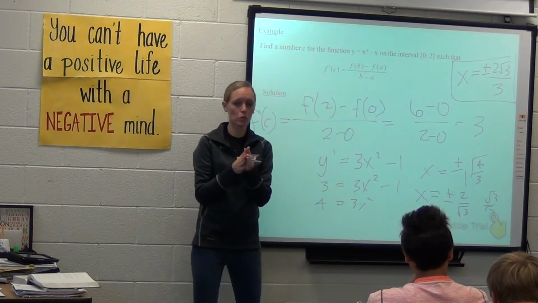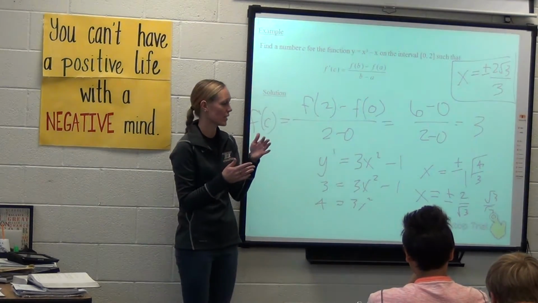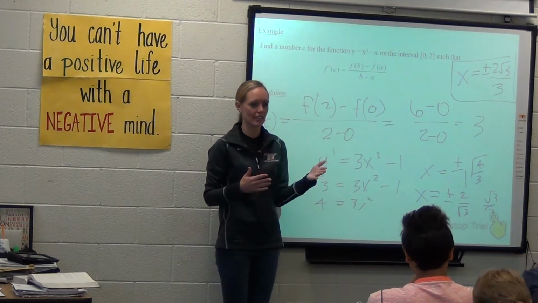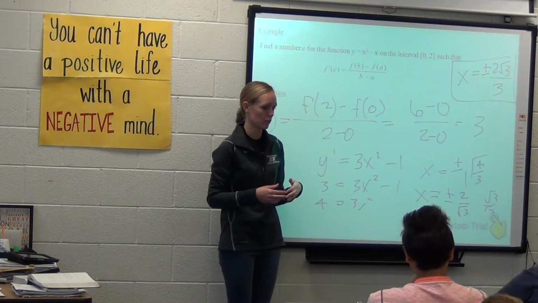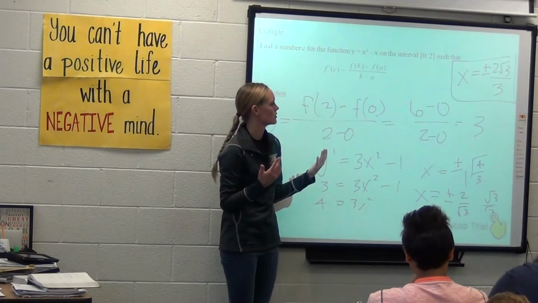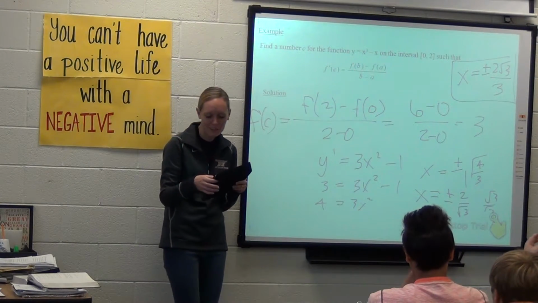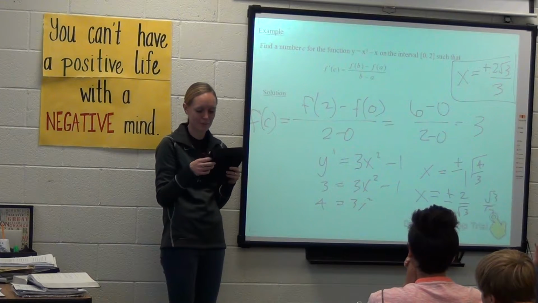Then when x is equal to 1, the slope of the tangent line there is going to equal 3. And when x is equal to negative 1, the slope of the tangent line there is also going to equal 3. Does anyone know why we shouldn't include the negative number?